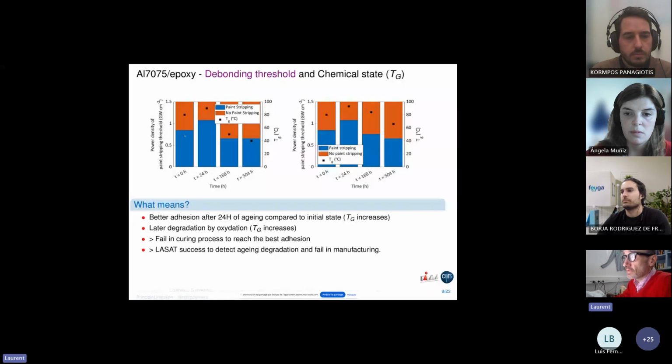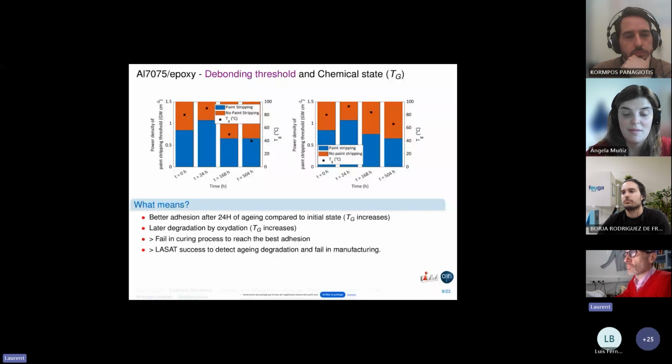We can see first that it increased for the first step of aging at 24 hours, and it decreased after that. So it's very strange, because we expect some degradation during the aging, but when we look at the chemical state of the materials, and we measure the Tg temperatures for each state of the materials, we can see, in fact, that it increased for the first step and decreased after that.